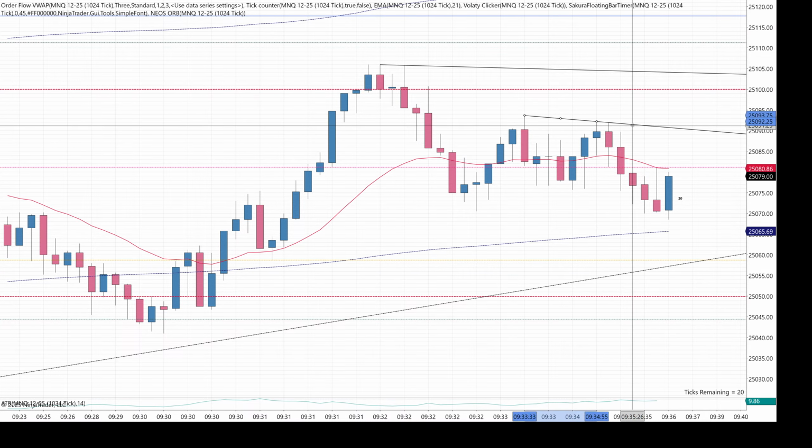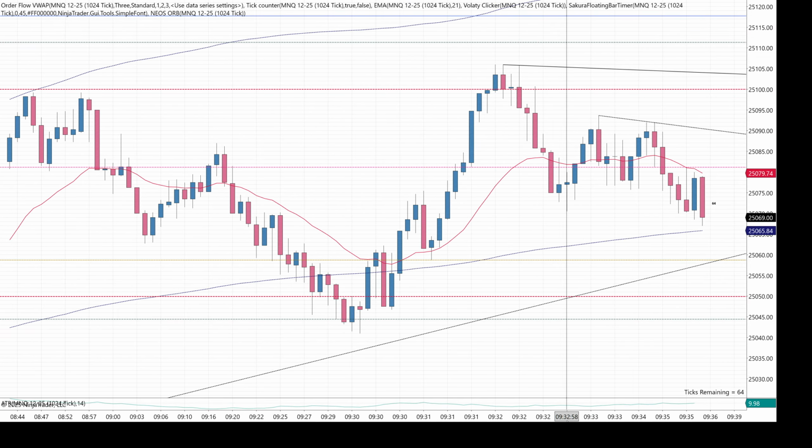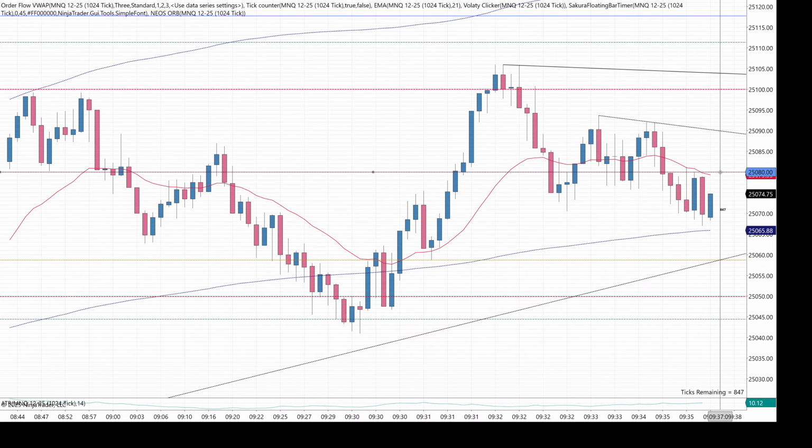We have this macro trend line here. And our runner moves down just a bit.